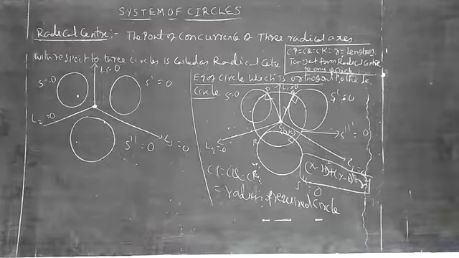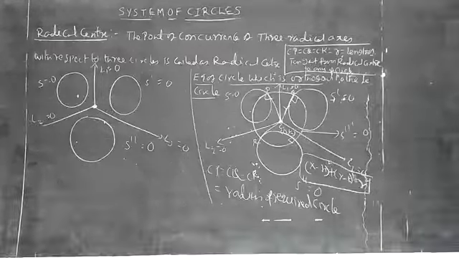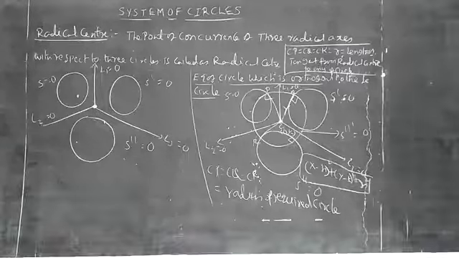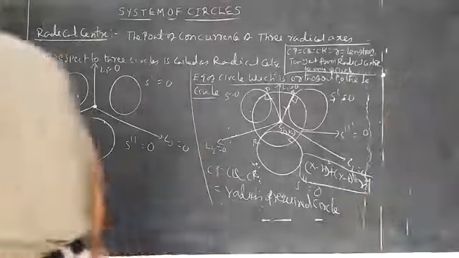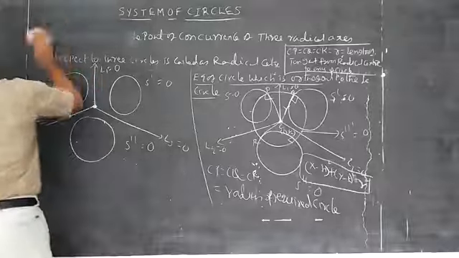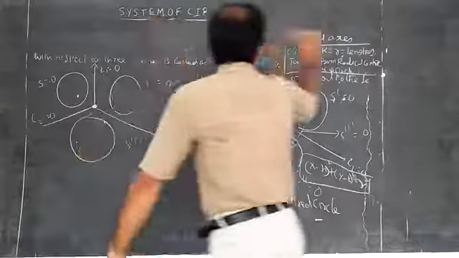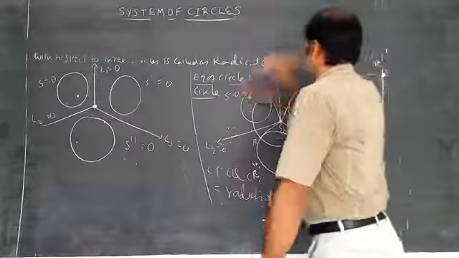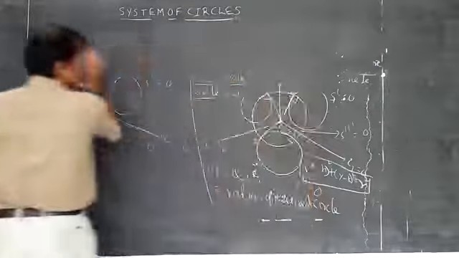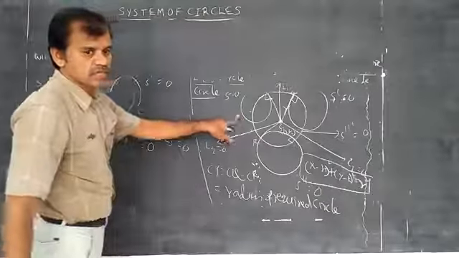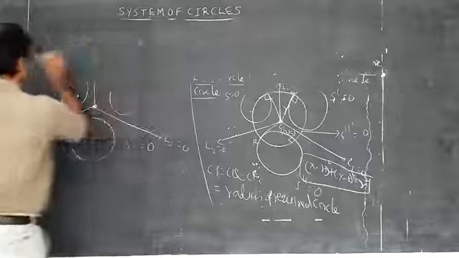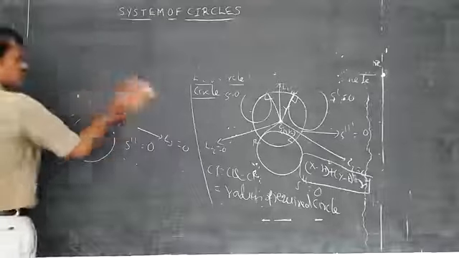Let us take example 2, page number 90. Students, I left exercise 2a, which depends upon these model sums. I said that an easy method is there in exercise 2b. That is why I am leaving exercise 2a.